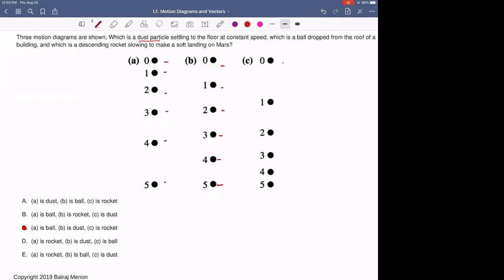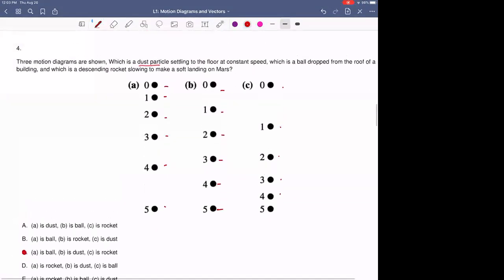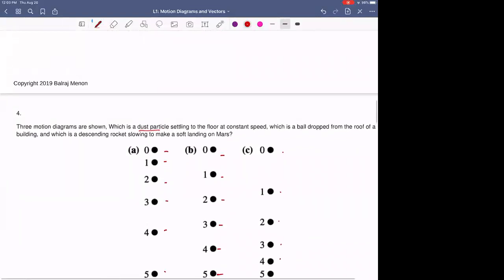And C corresponds to the rocket, which is slowing down as it approaches the surface of Mars. So that's the information we can get from a motion diagram. You don't get a lot of information, but you can say a lot about the motion of the object. That's the way you want to think about it.